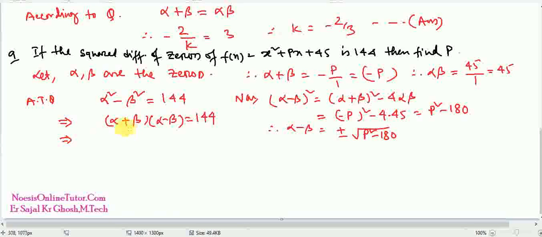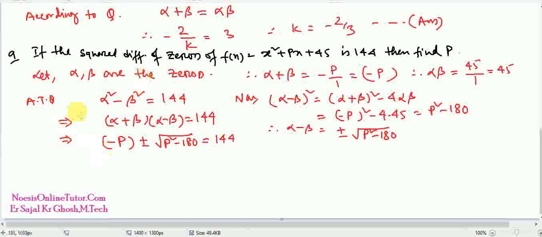It was correct. Alpha plus beta is equal to how much? Minus p, and alpha minus beta is equal to plus minus root over p square minus 180, equal to 144. Okay.